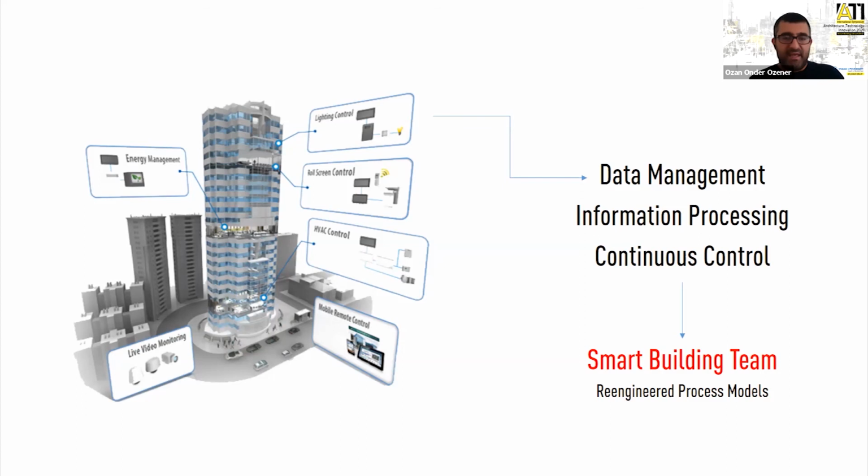But again, it boils down to a smart building team, and where you need process models. So in the starting of my presentation, I talked about the human content of it. In layman's terms, your technology is out there, but who is going to use it and how are they going to utilize it? So the questions are simple, but the answers are not very simple.